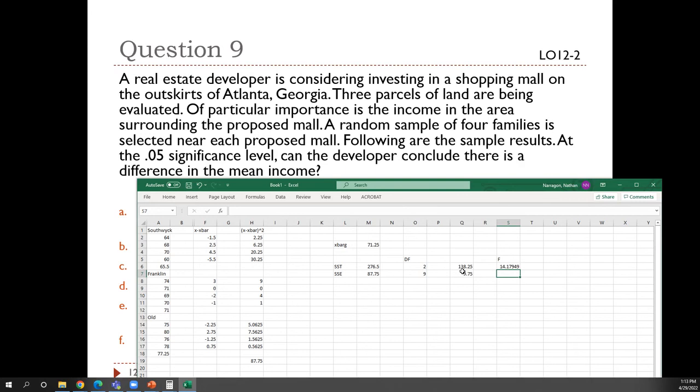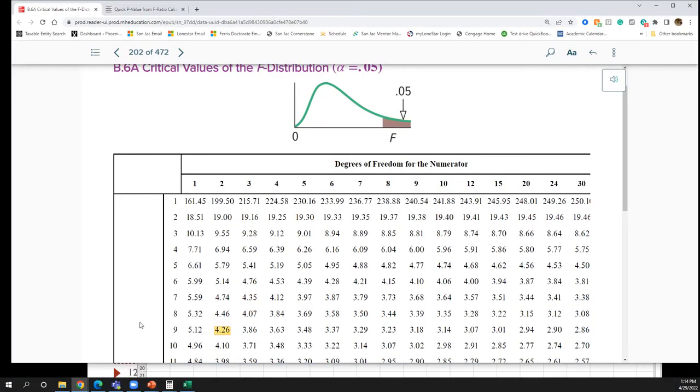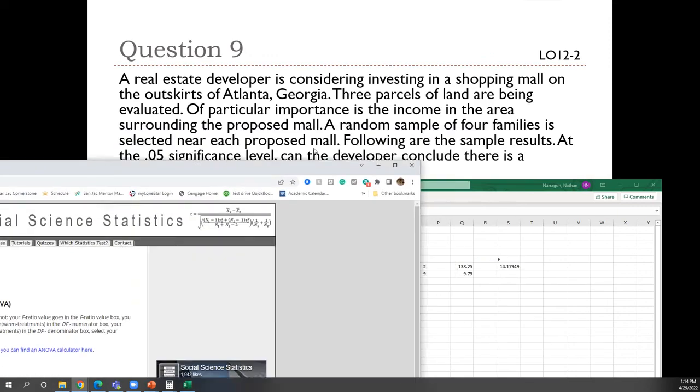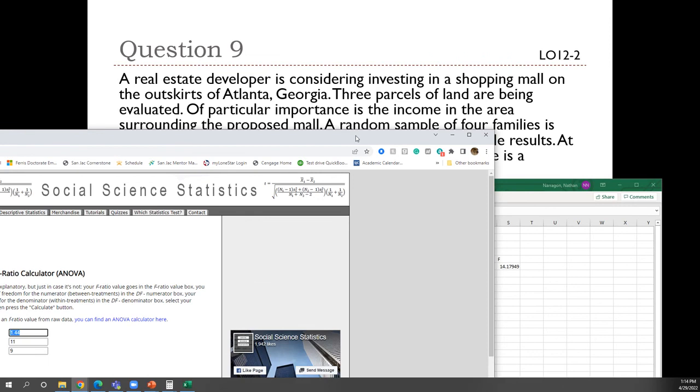Okay. So again, we're going to find the p-value. Go to that friendly calculator that we found. Quick p-value. At 1.44, this is now 14.18.